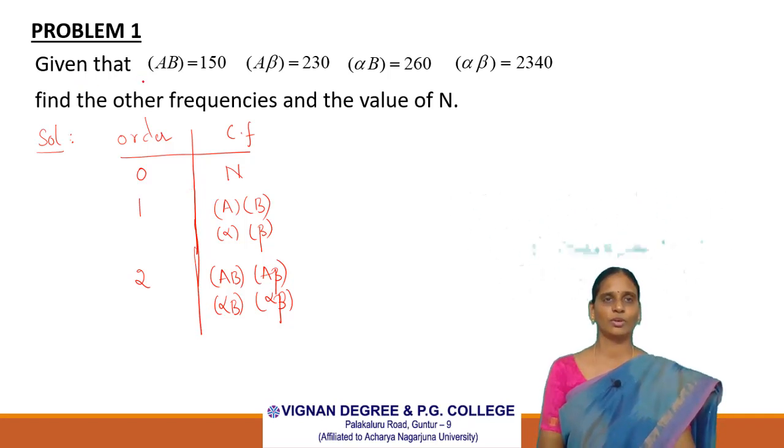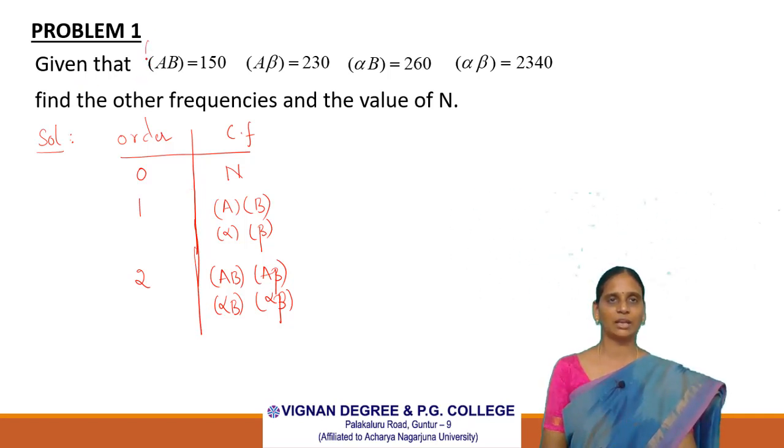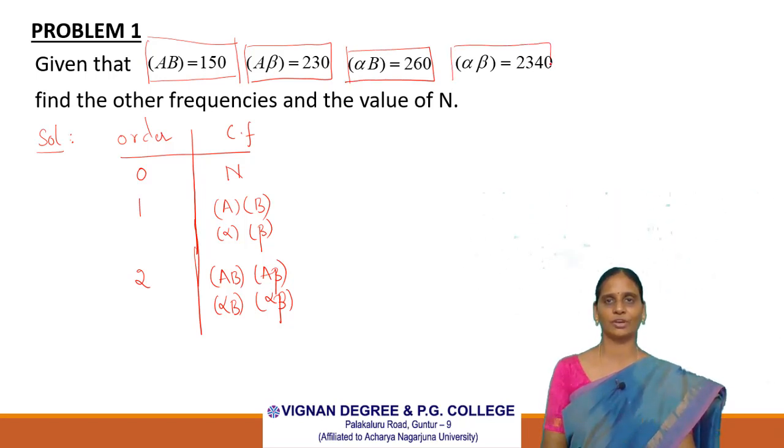In this problem, we are given the values of frequency of AB, frequency of A beta, frequency of alpha B and frequency of alpha beta. So these values are given in our problem.